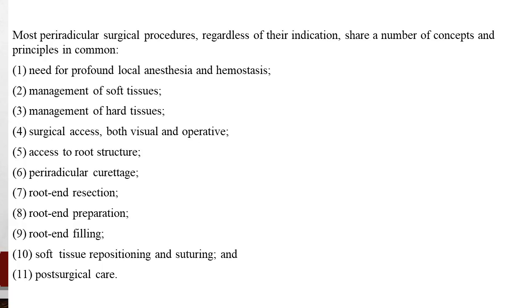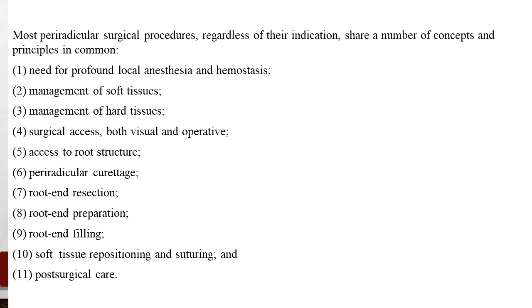Now, most periradicular surgical procedures will share a number of these concepts. So, please keep in mind that these are some of the concepts which are going to be dealt with. However, not all cases will require all of these concepts. The first is the need for profound local anesthesia and hemostasis.